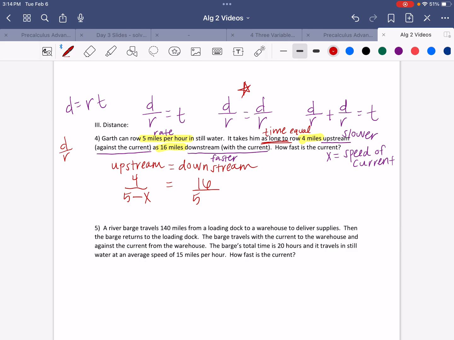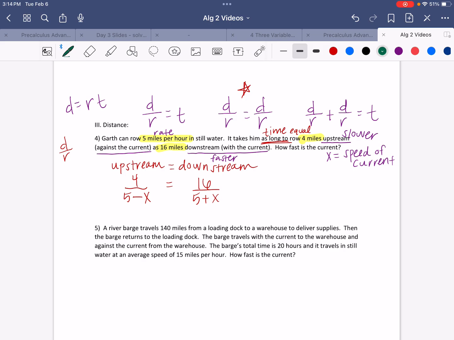When he goes downstream, which is faster, the current gets to help him, so he's going faster than 5 miles per hour. This is going to be a common setup on these problems, where we have the person's rate minus the current when it's pushing against them, or the person's rate adding the current when it's helping them go faster. We've now used all the information. This is our setup, and now we get to solve.